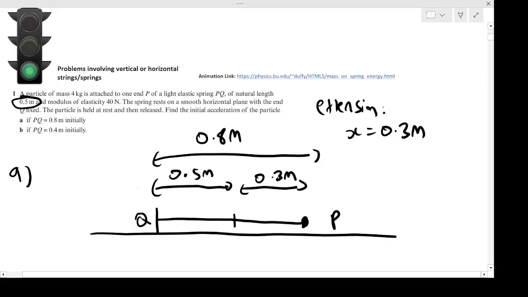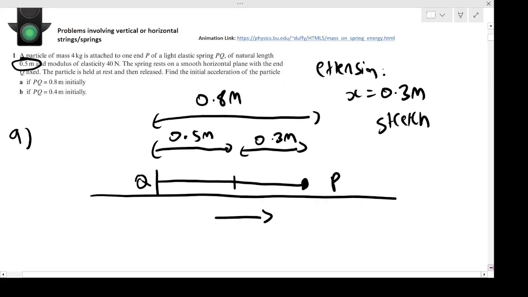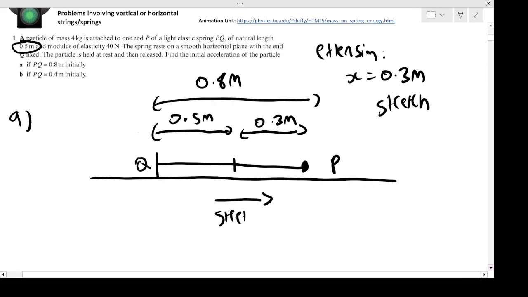This is helpful because it tells me about the force in the string, because I know it's an extension, a stretch. The particle is causing a stretch, which means the string is being stretched forwards towards the particle.